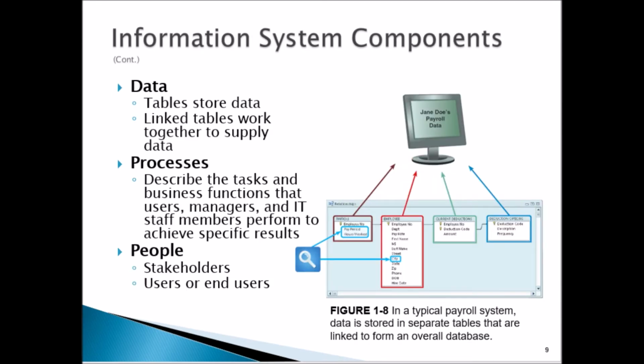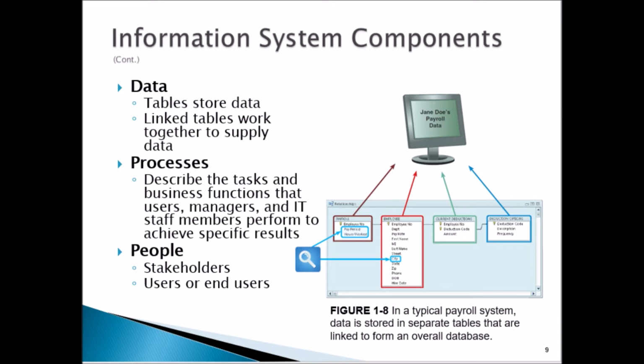Continuing on, we'll discuss the other 3 components of the information system. There's data. Tables in databases store data. Linked tables work together to supply data. Processes describe the tasks and business functions that users, managers, and IT staff perform to achieve specific results.